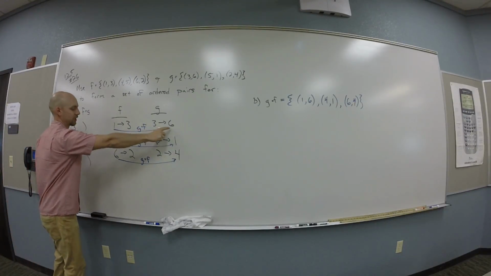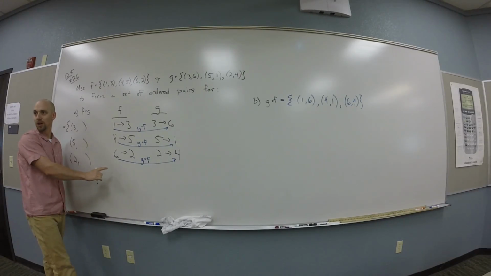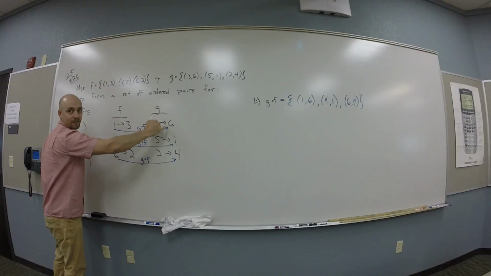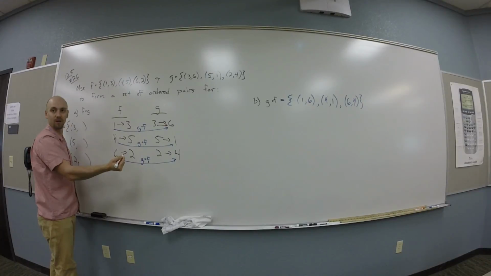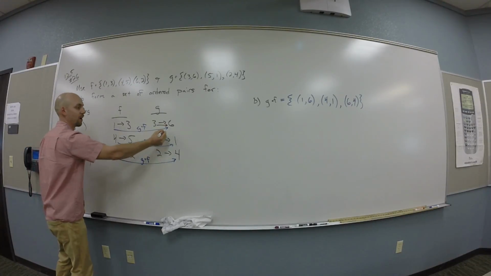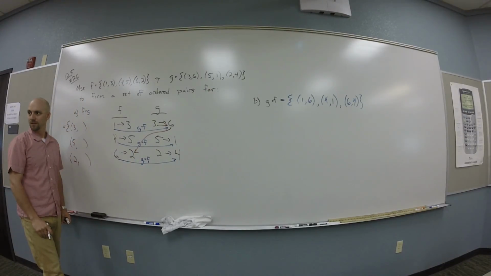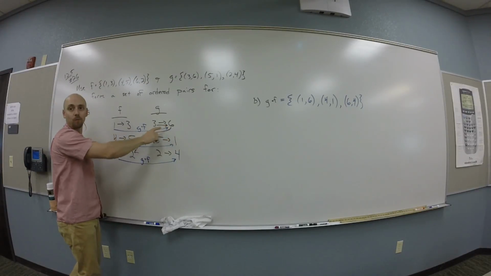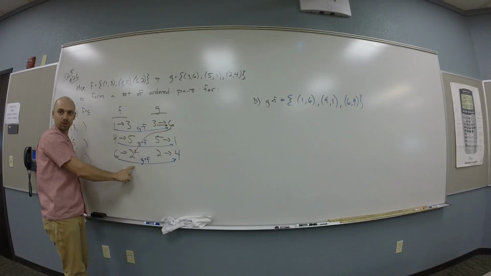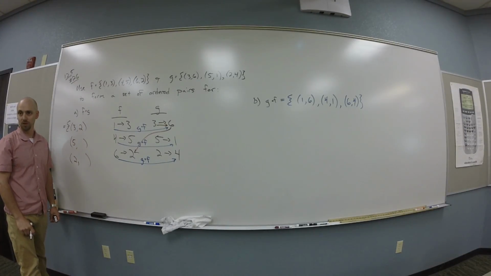So 3 goes to 6 under G, and then under F, where does 6 go? To 2. So 3 goes to 2 under that composite rule.